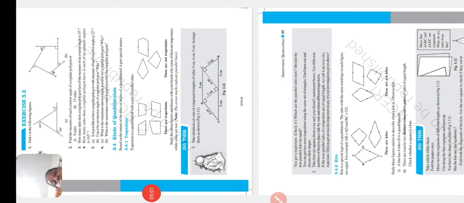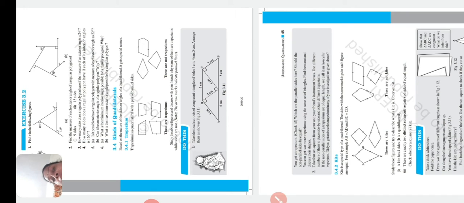Now, I am telling you about the trapezium. What about the isosceles trapezium? In a trapezium, if one pair of sides is parallel, then it is called a trapezium. It's true. But in an isosceles trapezium, one pair of sides is parallel and the other two sides, which are not parallel, are equal.